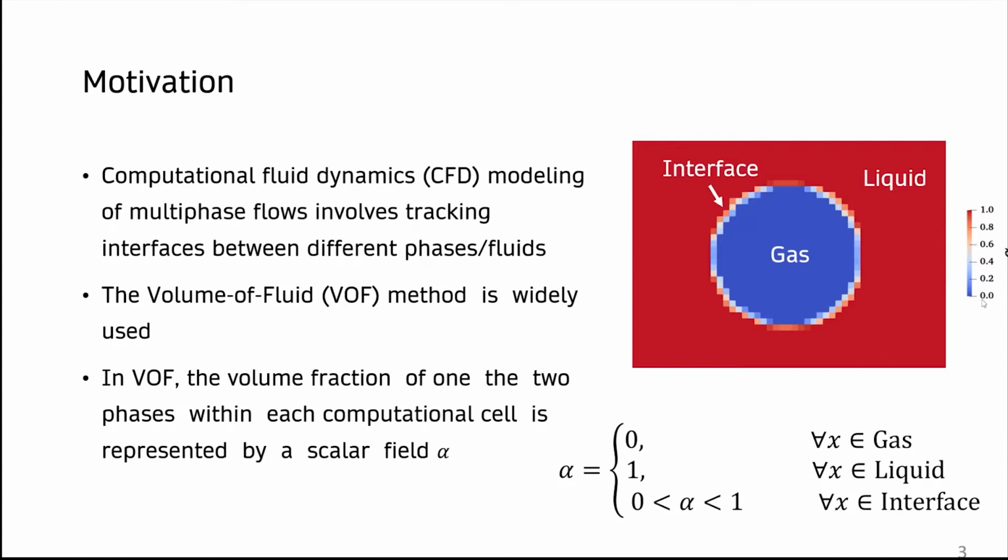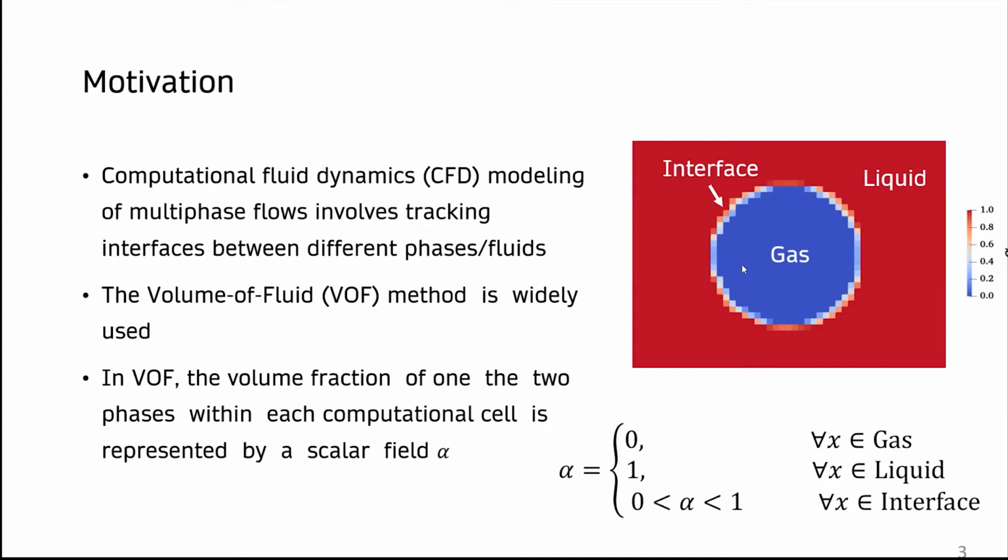For example, it takes a value of 0 when the phase is gas, and a value of 1 when the phase is liquid. Whenever we have an interface, it takes a value between 0 and 1. In this example, you can see red is 1, blue is 0. We have gas here, and the interface is shown with any value between 0 and 1.